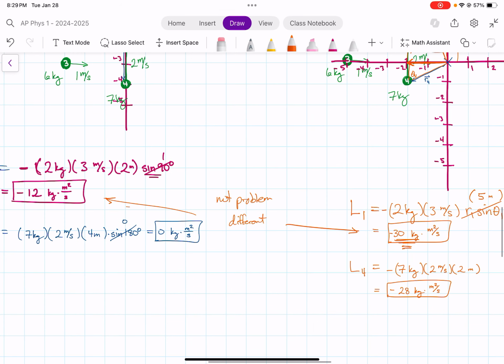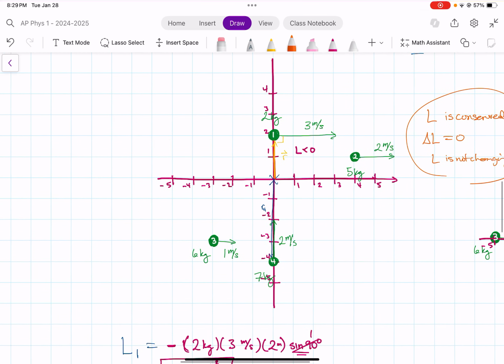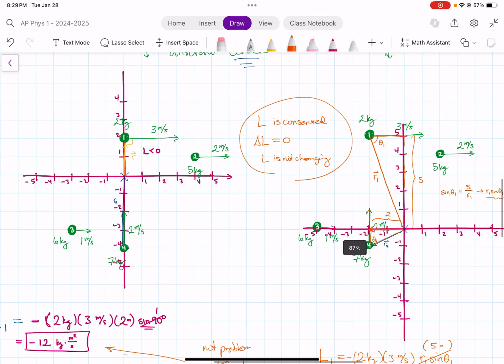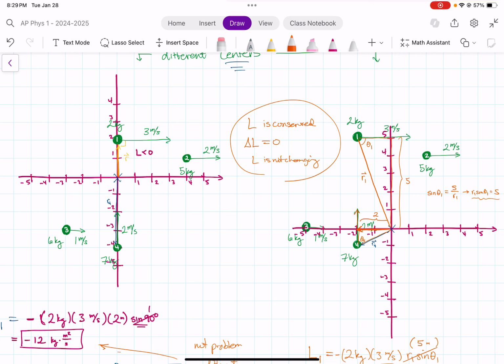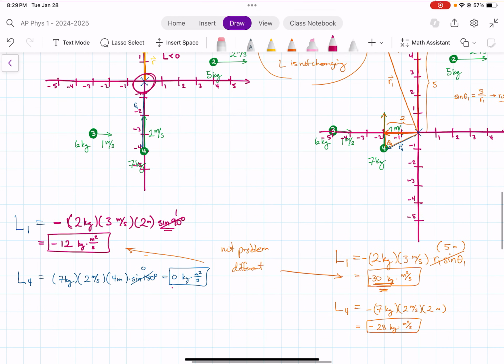So again, notice, answers are different, but all that matters is is it changing and how much. We can still calculate these numbers, and that's interesting, but sometimes it's not as useful. What I'm trying to point out to y'all is sometimes it's more about where you put your center so that you can make your answers as easy to work with as possible, namely 0, right?